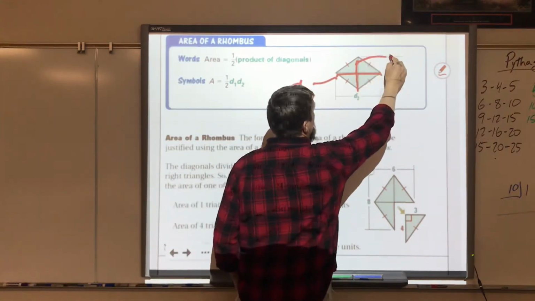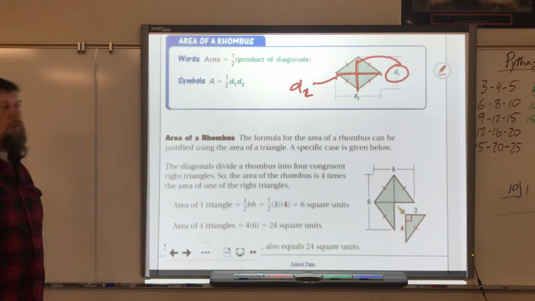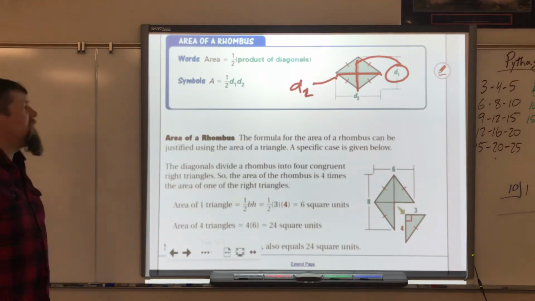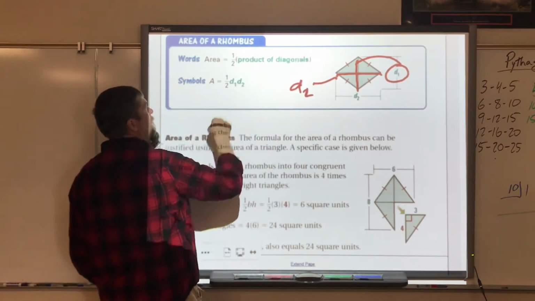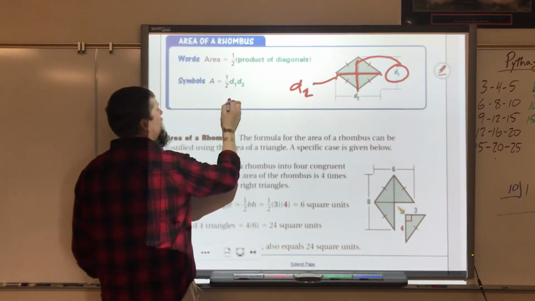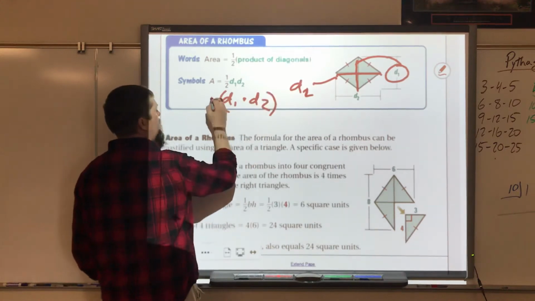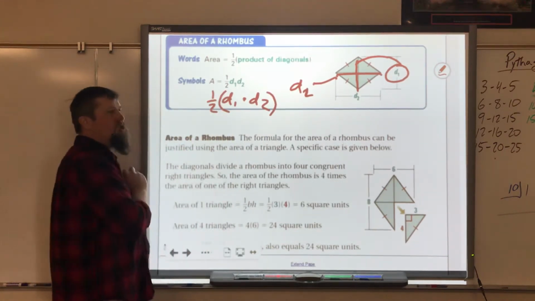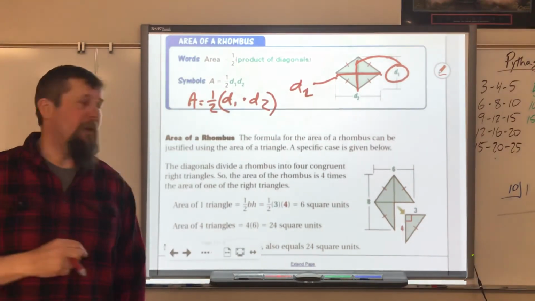This distance right here is D1. So when you know the distances of the diagonals, you multiply those diagonals, D1 times D2, but then you take that product and divide it by 2. So the area is 1/2 D1 times D2.